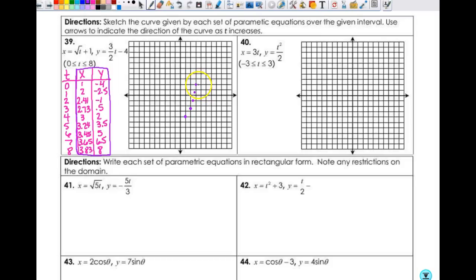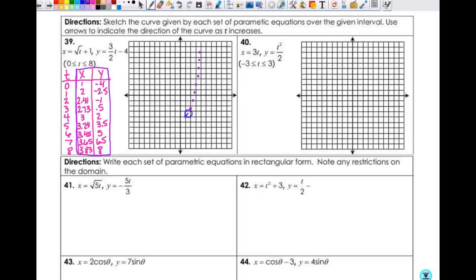Then 3.24 is at 3.5. Then 3.45 is at 5. 3.65 is at 6.5. 3.83 is at 8.